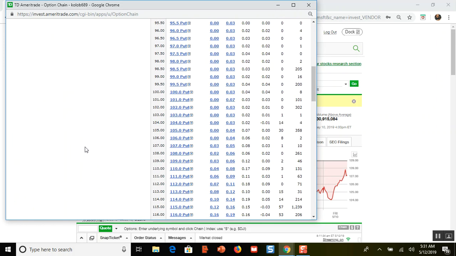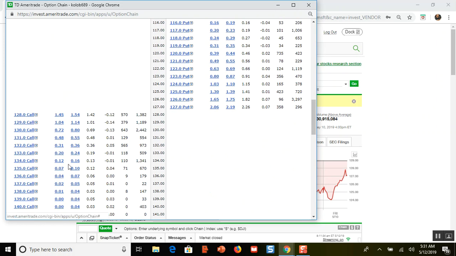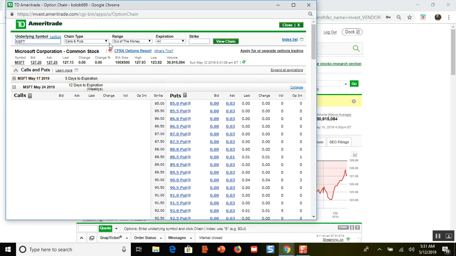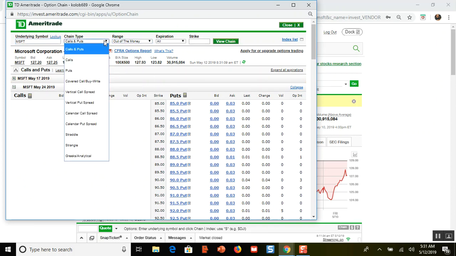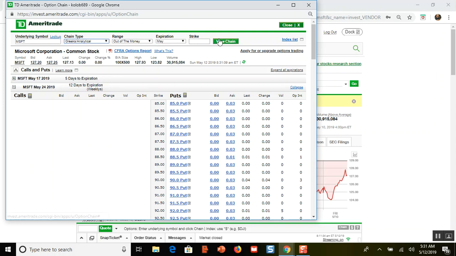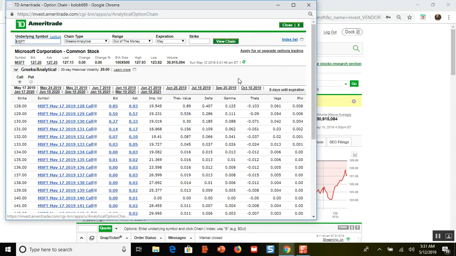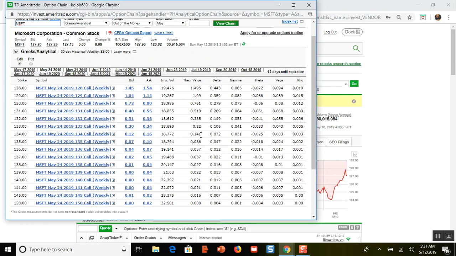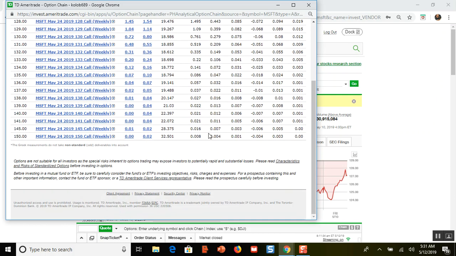Okay, so you are forced to sell these lower strike price calls, and the lower you go on the strike prices, the higher is the delta. So let's go back to our option Greeks here, and let's go to the May 24th calls, and notice how the delta is really small, like for a 150, and then it starts to go up.